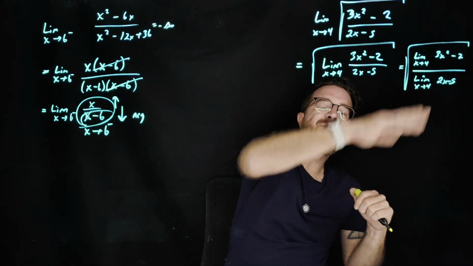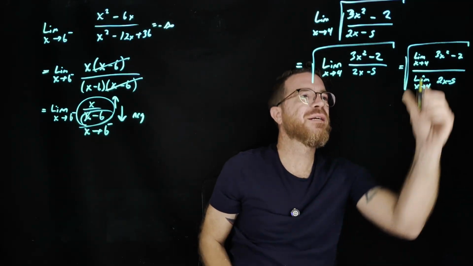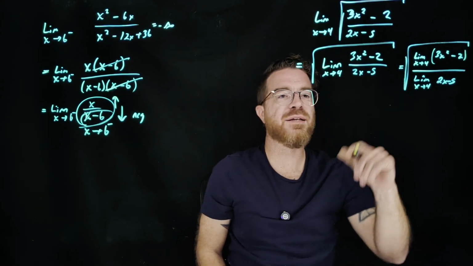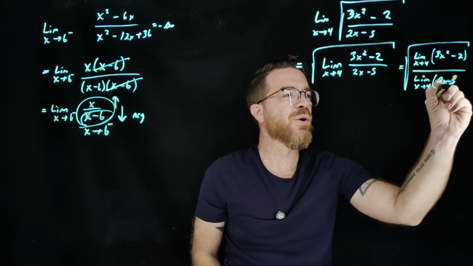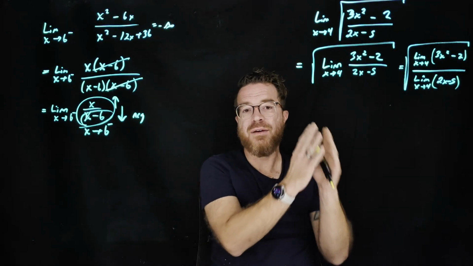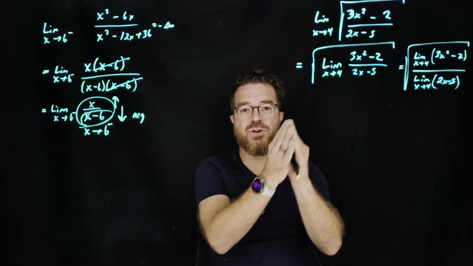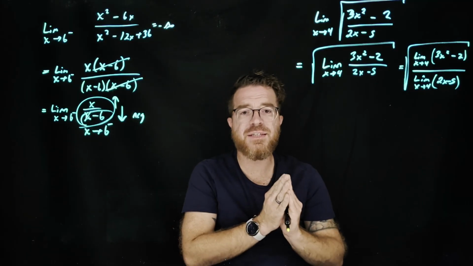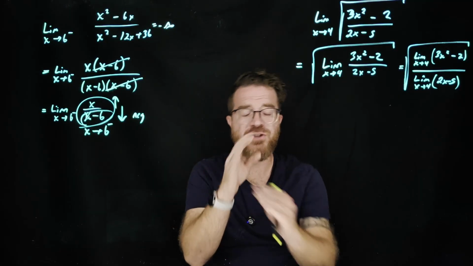Now, in the numerator of my fraction, I have the limit of two things subtracted together. Same thing with the denominator. So this is what I can use. This limit law is that the limit of some function f of x plus or minus some function g of x is the limit of f of x plus or minus the limit of g of x.